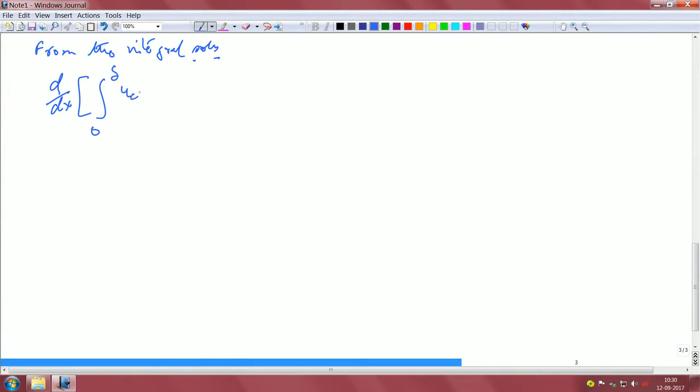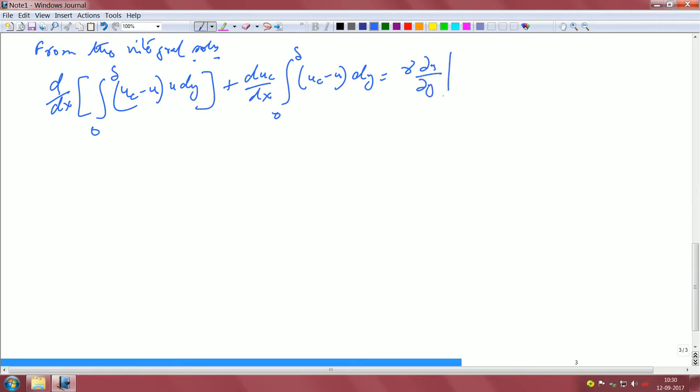Look at this form, u c to u into dy plus duc dx. That is the integral formulation that we had earlier. From mass conservation, what can we write?